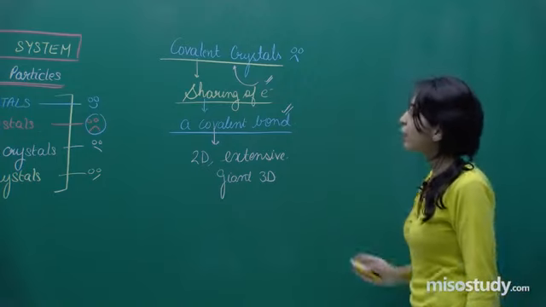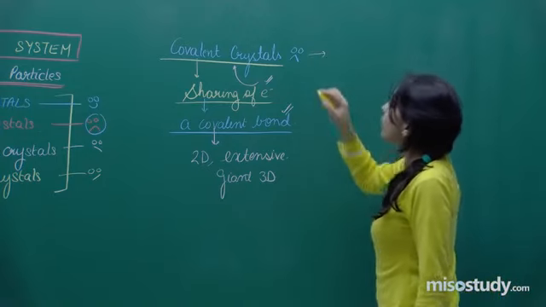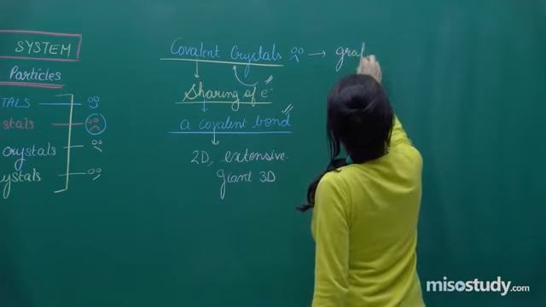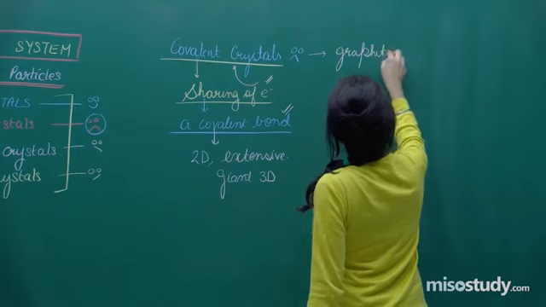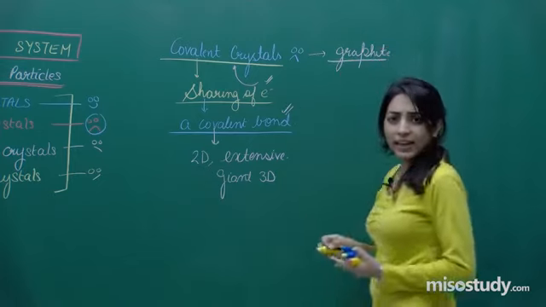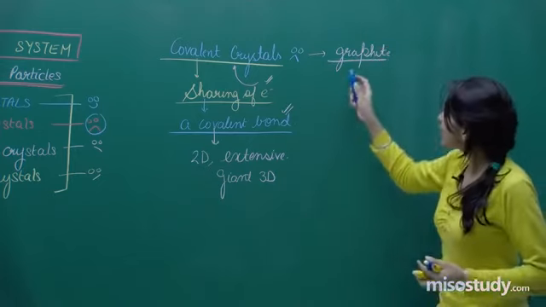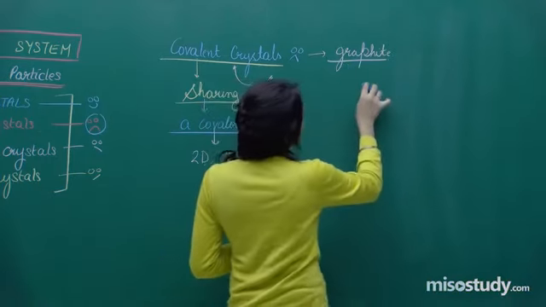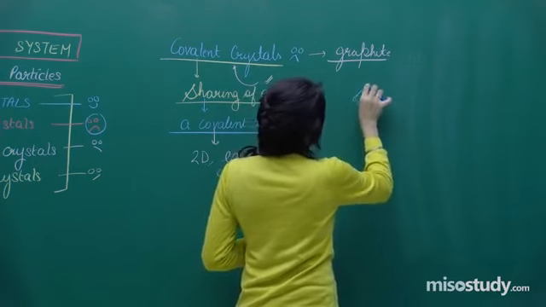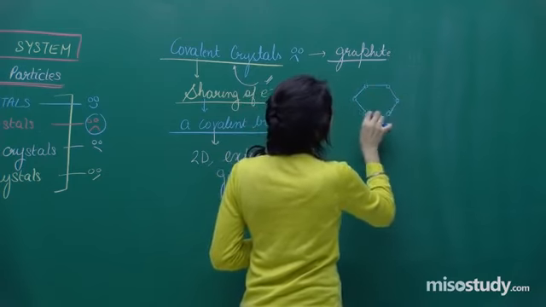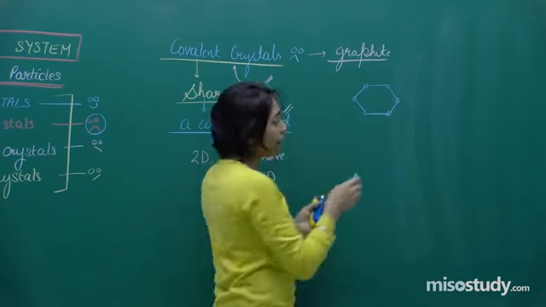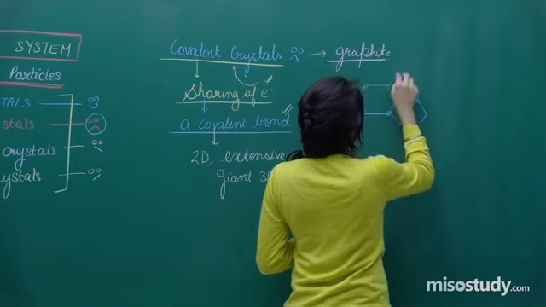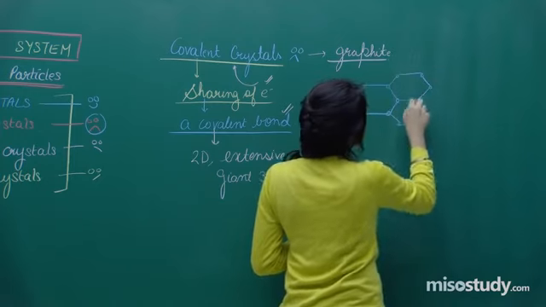Okay, let me give you an example. One of the most common examples of a covalent crystal is graphite. And I think in class 10th you would have studied the structure of graphite, how graphite looks. Graphite has carbon atoms which are attached to other carbon atoms, forming hexagonal layers.